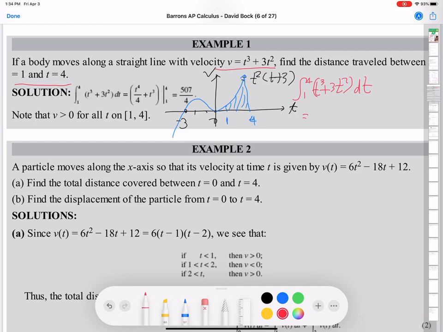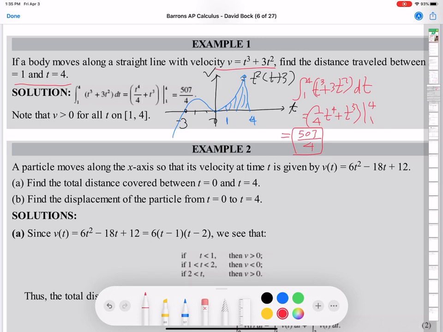By the power rule, 1 over n plus 1 times x to the n plus 1, we get 1 over 4 t to the 4th plus t cubed from 1 to 4, plug in 4 and minus plug in 1. If you find this, you get 507 over 4. This is the final answer of example 1.